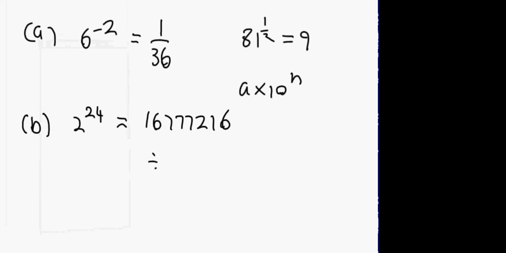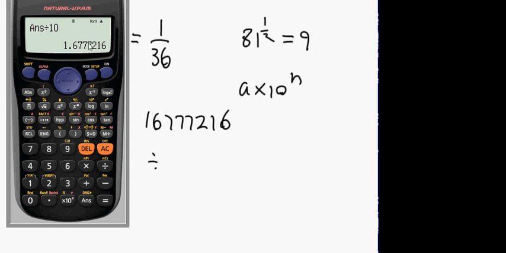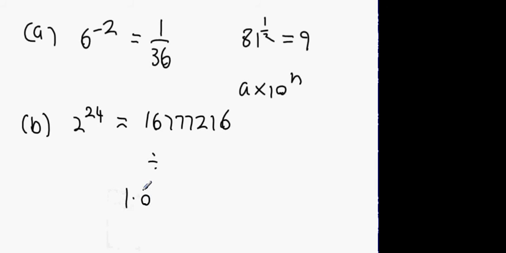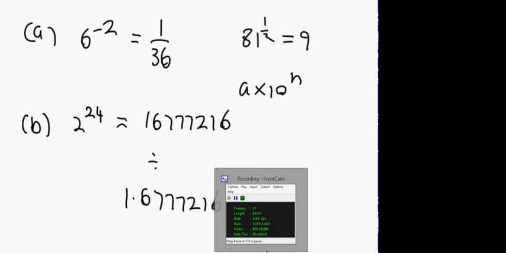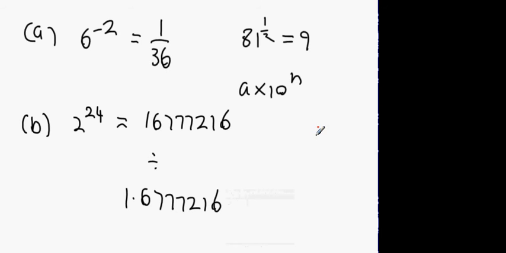That number is 1.6777216. The question says 3 significant figures. Now, to introduce you to significant figures again, I'm going to show you a couple of numbers that have significant figures in them. Very important that you know this. If I wrote down this number here, how many significant figures is there? 2.